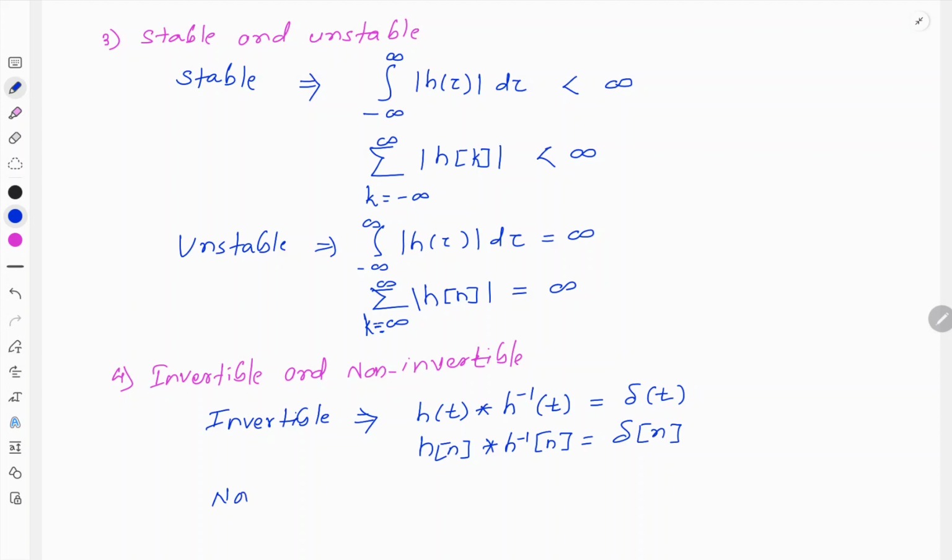For a non-invertible system, h inverse of t and h inverse of n don't exist.